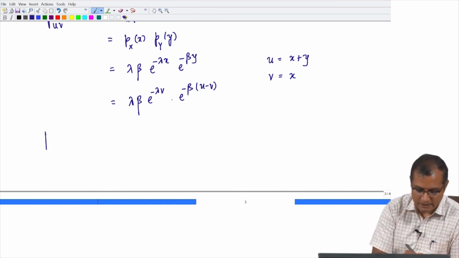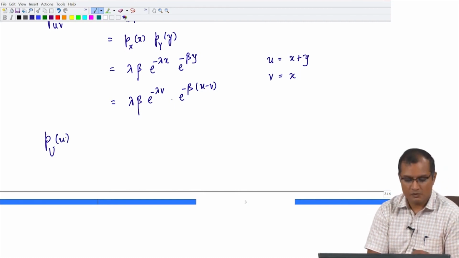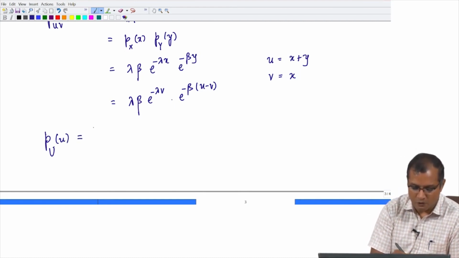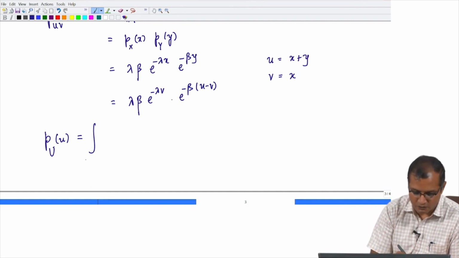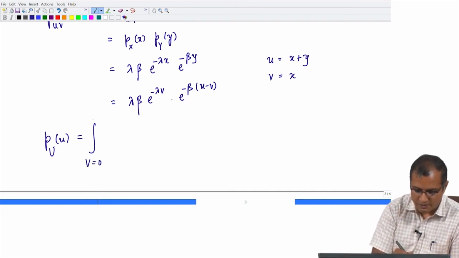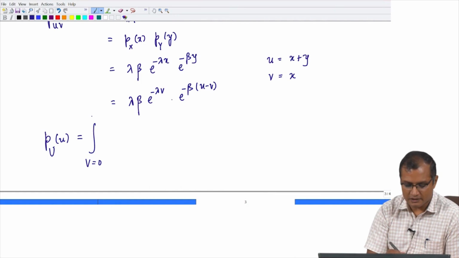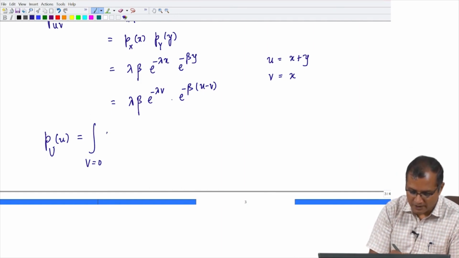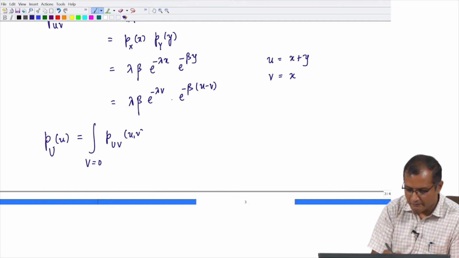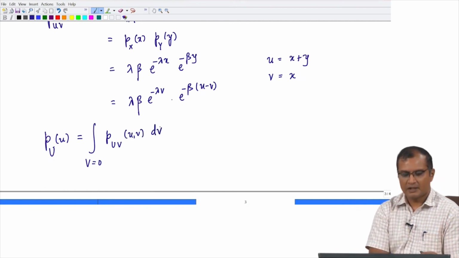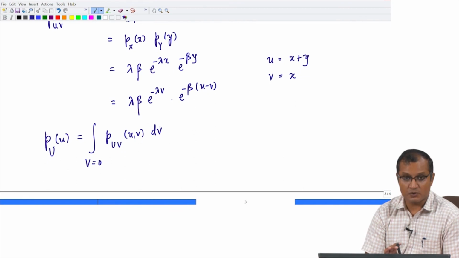I am interested in just the PDF of u. This can be obtained by washing out the v degrees of freedom, and this I can do by integrating my total PDF over v. The limits on v have to be carefully chosen.